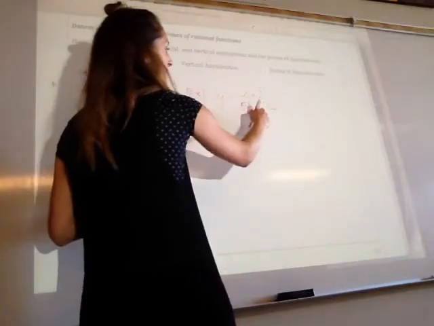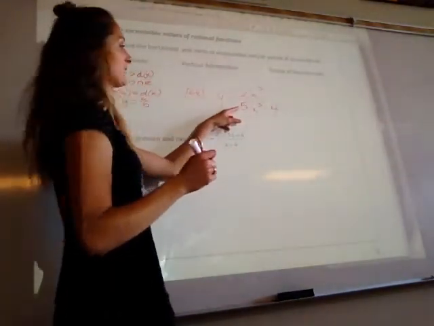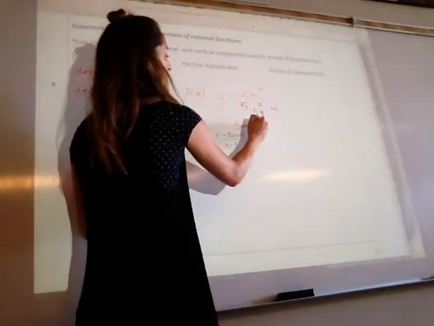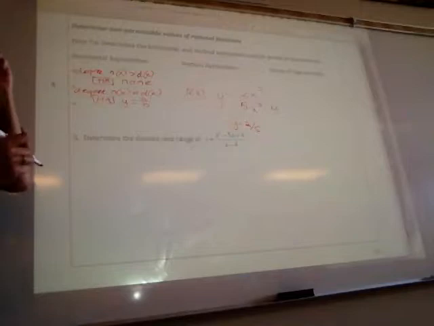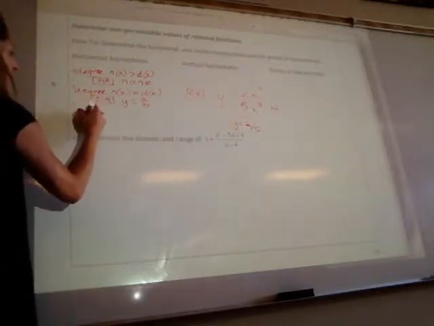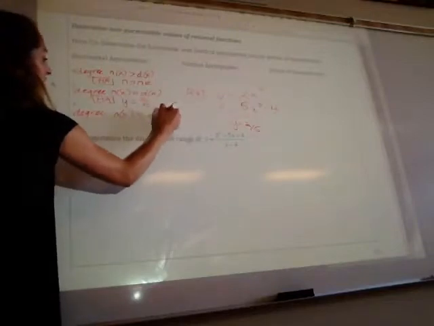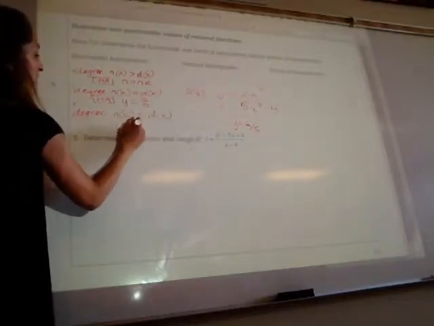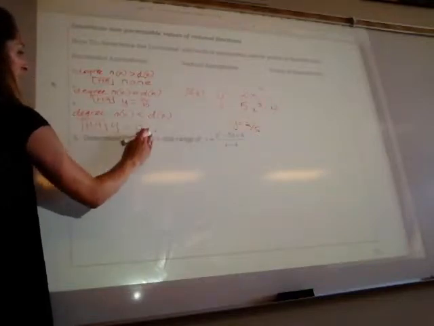Okay, degree 3, so they're equal. The ratio for the horizontal asymptote would be y equals 2 over 5. The last rule is if the degree of the numerator is less than the degree of the denominator. In that case, your horizontal asymptote is y equals 0.